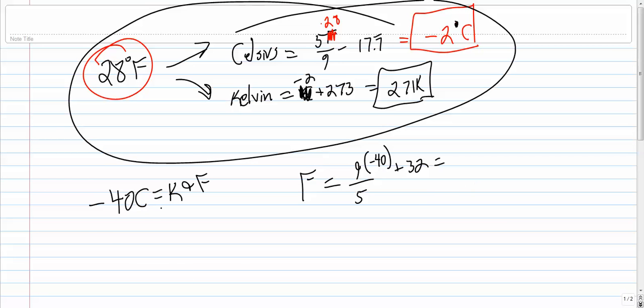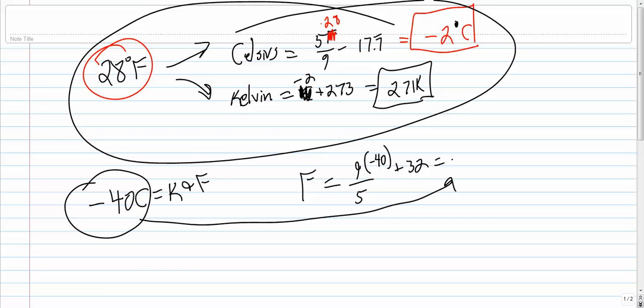So negative 40 Celsius actually is the same temperature as negative 40 Fahrenheit. Isn't that kind of nifty? If you had a graph of the two temperature scales, they would cross each other at negative 40.